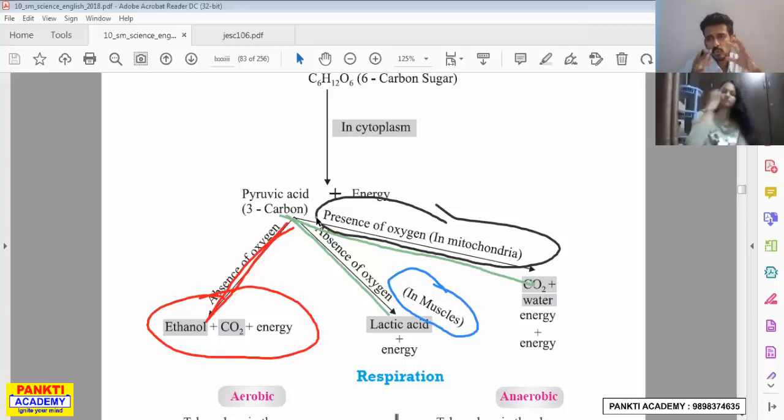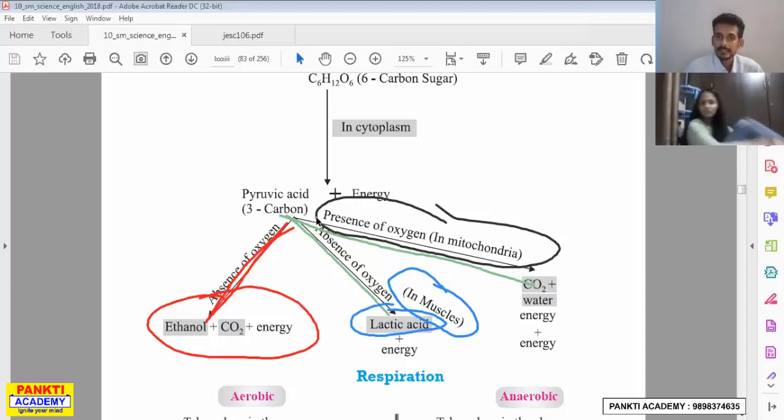They require millions of oxygen molecules, but they don't get them. But for working, the muscles require energy. So at that time in a muscle, in absence of oxygen, this pyruvic acid converts into lactic acid and energy is released.